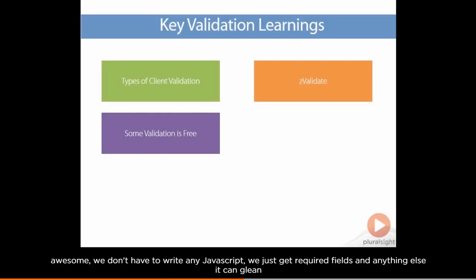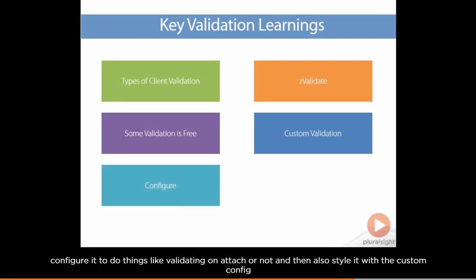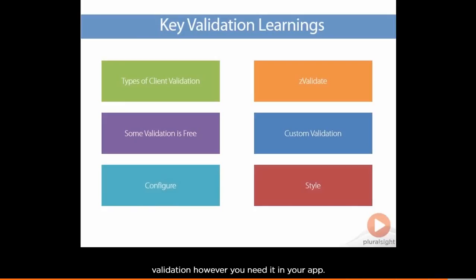We just get required fields and anything else it can glean off of the data annotations. And then we can add our own custom validation, whether it's something that's a totally custom rule like our Twitter validator, or something out of the box like the URLs. And finally, we can configure it to do things like validating on attach or not, and then also style it with the custom config provider. And all these customization points between Angular and Breeze really make it easy for you to add validation however you need it in your app.